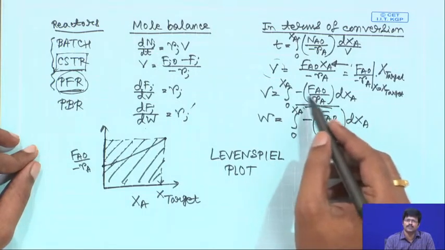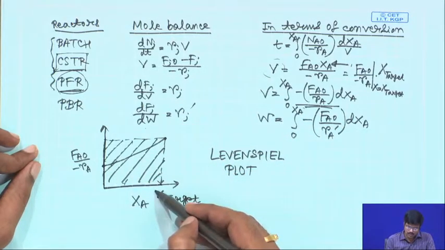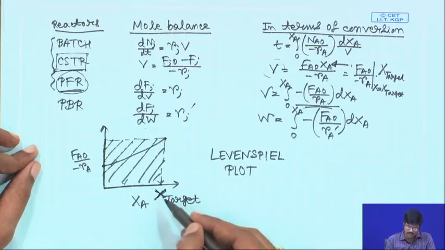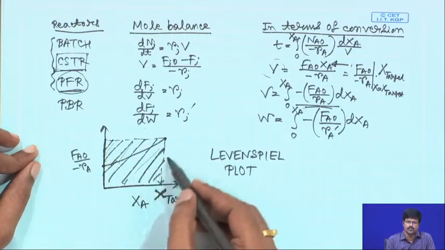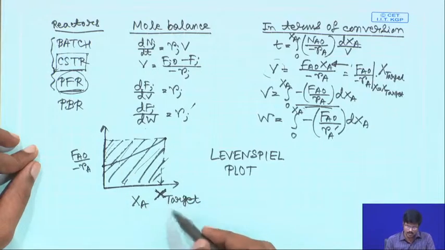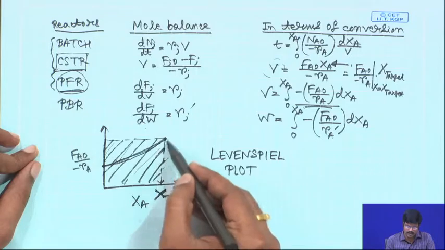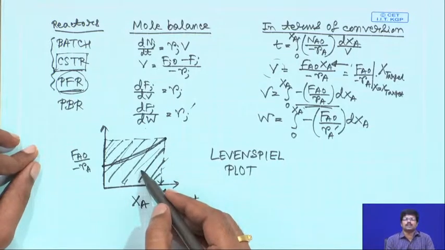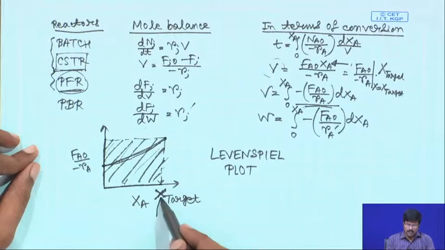We did some problems, and also we told that basically if you are targeting the same conversion in CSTR as well as PFR, then the CSTR volume necessary is the volume of this rectangle, and the volume of the PFR necessary is basically the area under this curve. So, the volume of PFR necessary will be less. Also we talked about a targeted conversion.